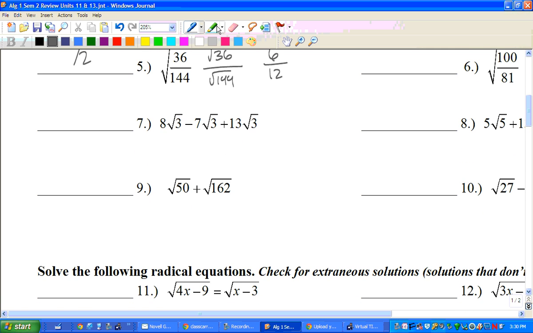Okay, number 7, all of these are the same exponent, the same radical, okay? Which makes all of those like terms. So the only thing that we're worried about is the number out in front. So combine your like terms, and from there you're going to get 14 root 3.